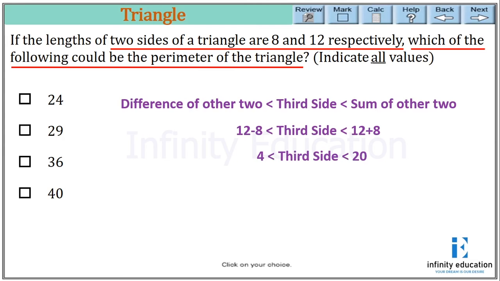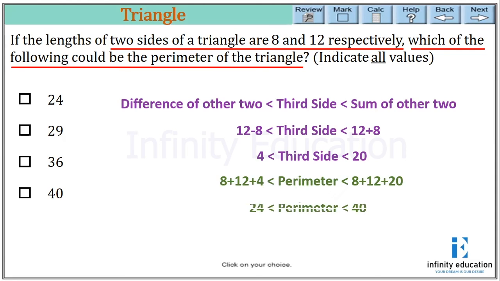Now the question was asking which can be the perimeter of the triangle. So if I want to find out the perimeter of the triangle and having the third side in between 4 and 20, perimeter should be 8 plus 12 plus 4, because 8 and 12 are the two other sides and 4 is the minimum value for the third side, and 8 plus 12 plus 20 as the maximum for perimeter, because 8 and 12 are the two sides respectively and the third side is lesser than 20.